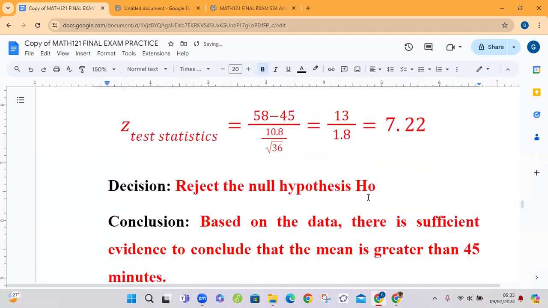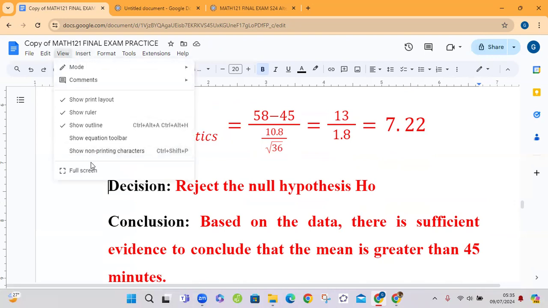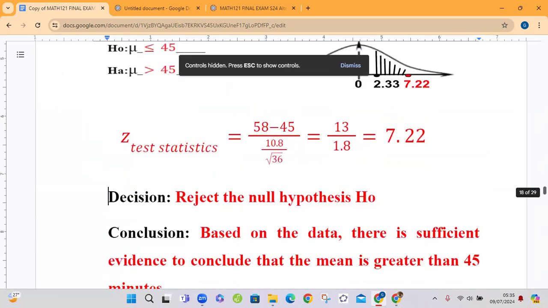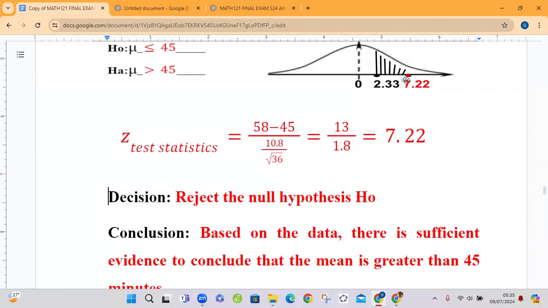As we know, for decision time, it's all about either you reject the null or do not reject the null, depending on where the test statistic lands. So since the test statistic landed in the critical region, we have to reject the null. Here it is. 7.22 is in the rejection region, so our decision is to reject the null hypothesis.